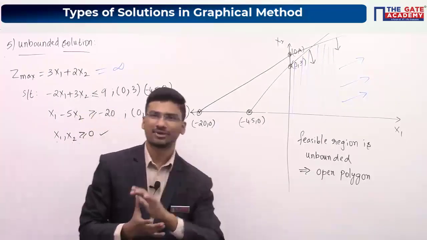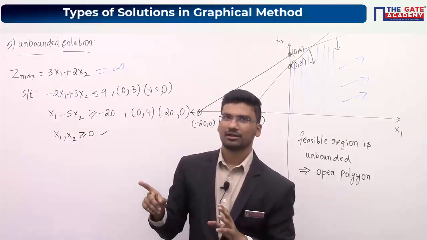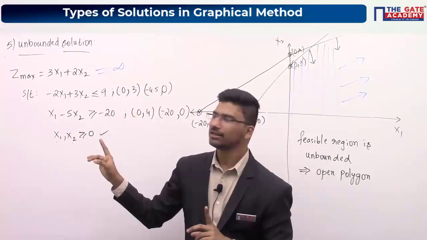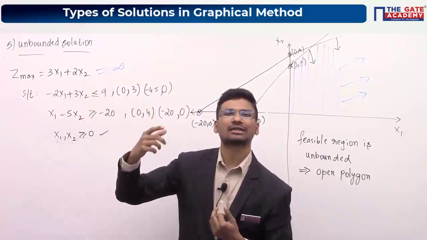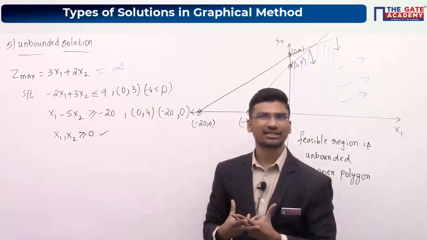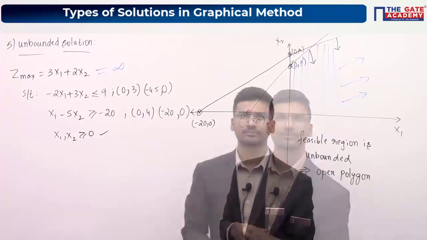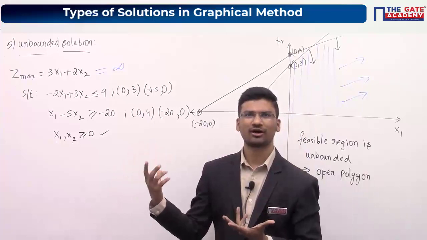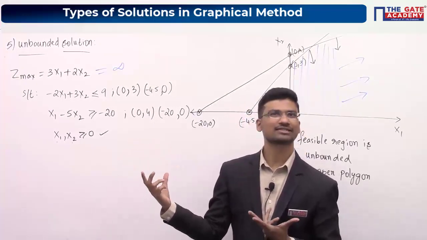Okay, so now you just answer my question. If it is a maximization problem, it is an unbounded solution, right? Now let us assume that it is a minimization problem. Then what will be the type of solution? Have you understood my question?